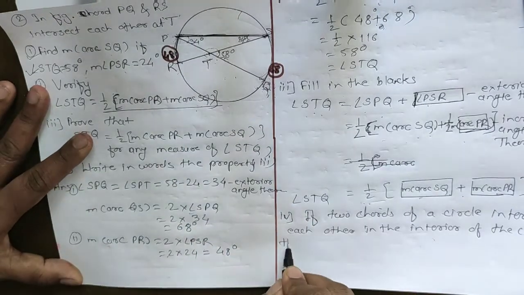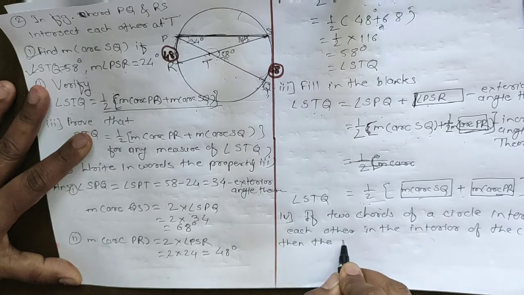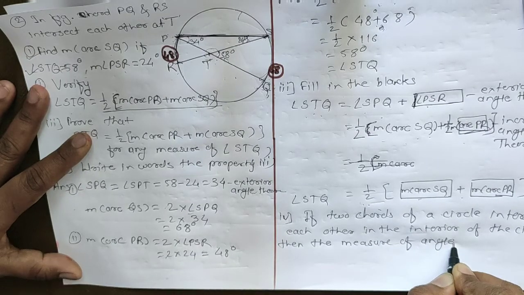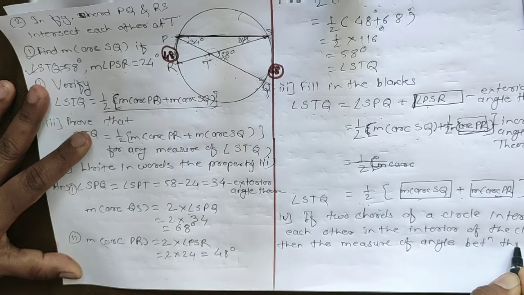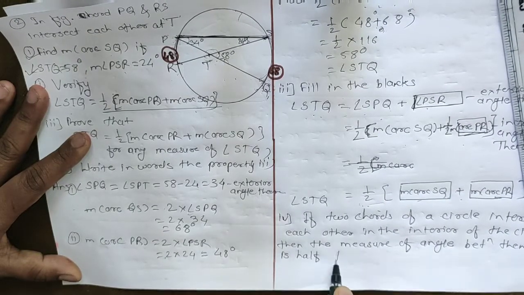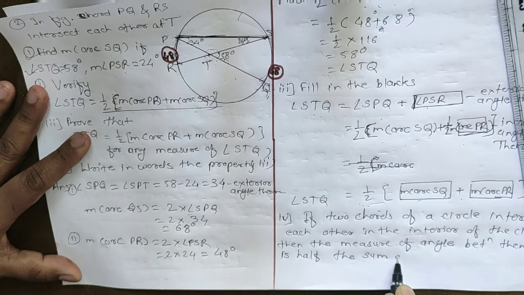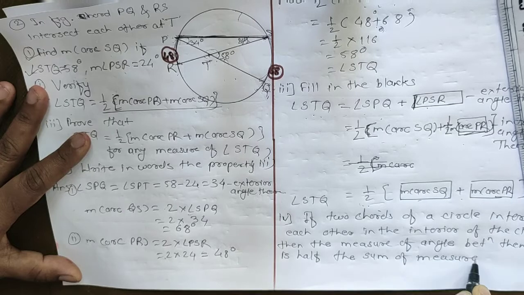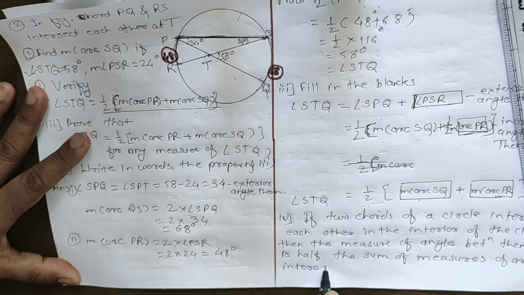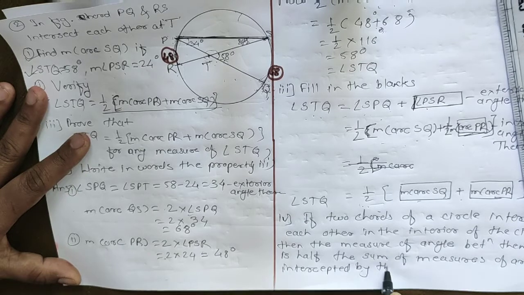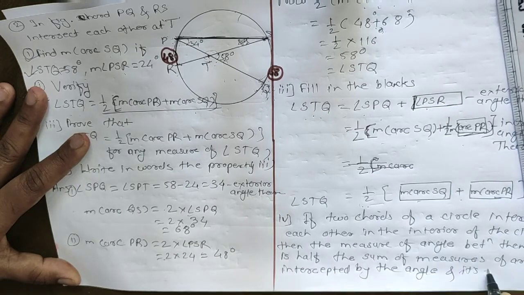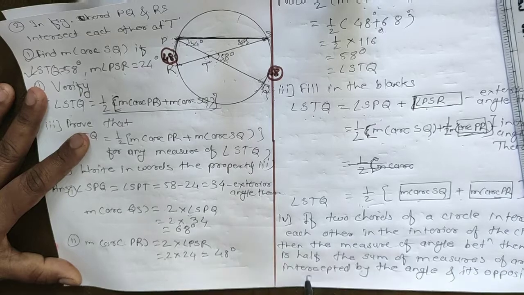Then the measure of the angle between them is half the sum of the measures of the arcs intercepted by the angle and its opposite angle. So that is the property we wrote in words.